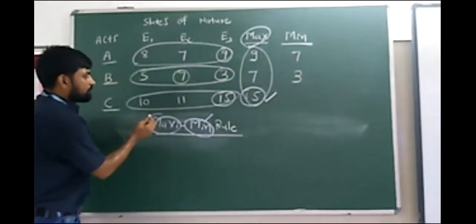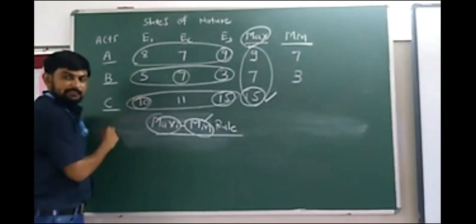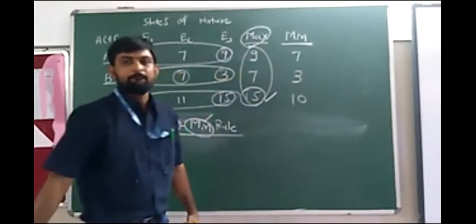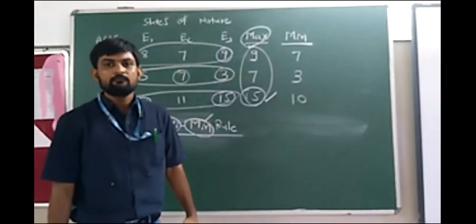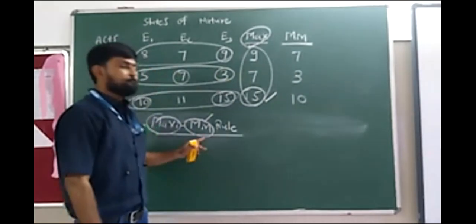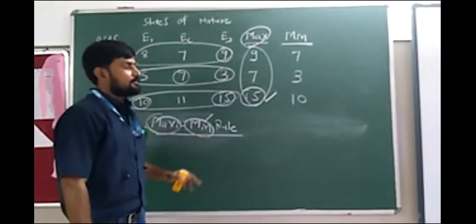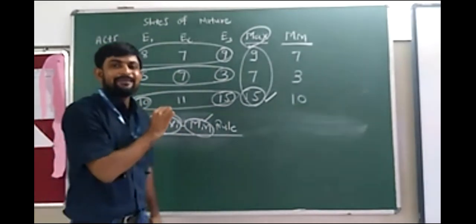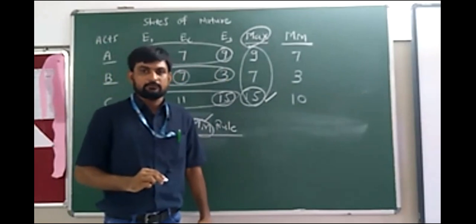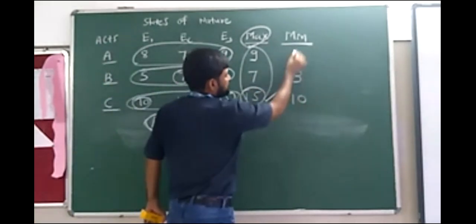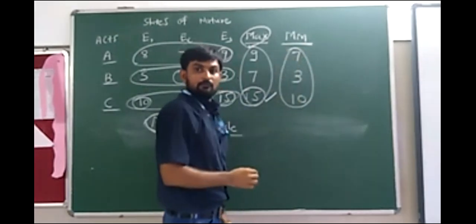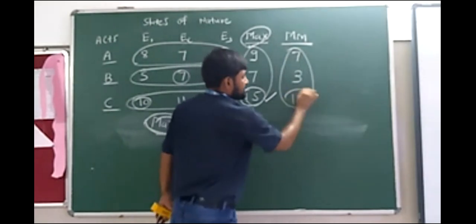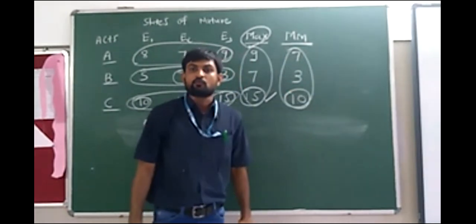Now what is the minimum payoff for Act C? That is 10. So this is the first step of Maxi-Min criteria. After finding the minimum payoff, we have to find the maximum payoff, and that act will be considered as the best act. So out of these minimum payoffs, tell me what is the maximum payoff? Again, it is 10 rupees.